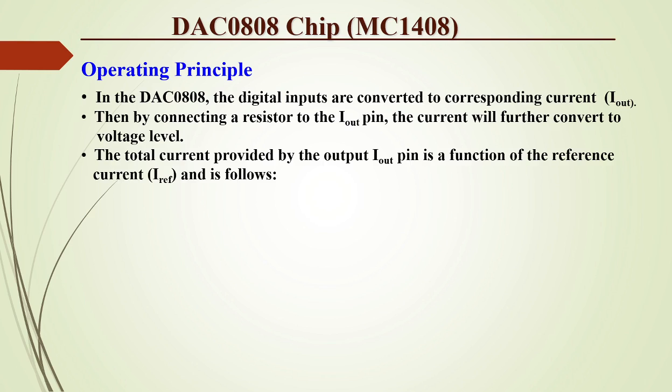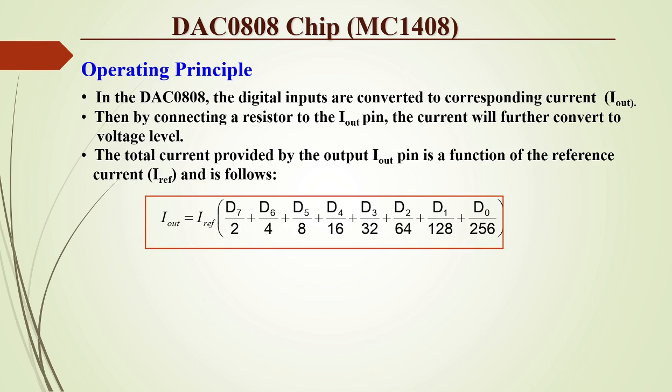The total current provided by the I out pin is a function of the reference current I reference, and is given as I out equals I reference into (D7 by 2 plus D6 by 4, D5 by 8, up to D0 by 256), where D0 to D7 are the digital inputs connected to this DAC.